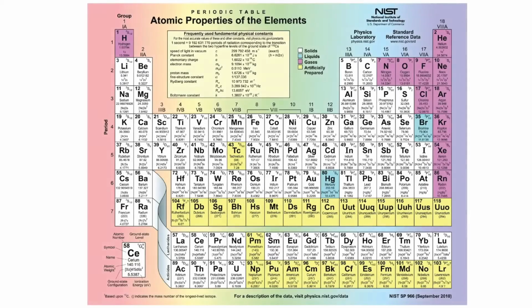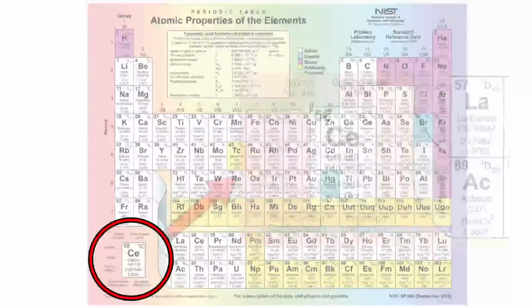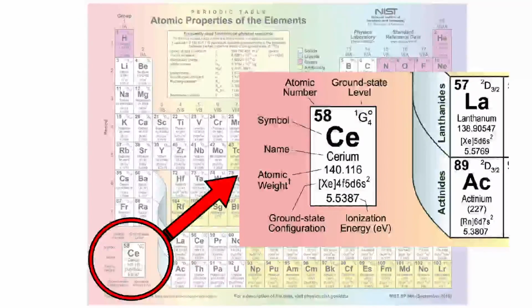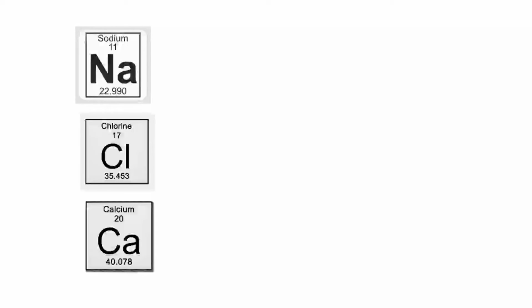The periodic table is a great tool that gives a clue about some of the important properties of elements, like atomic number, atomic weight, and so many others. Here I have selected 3 elements from the periodic table: sodium, chlorine, calcium.